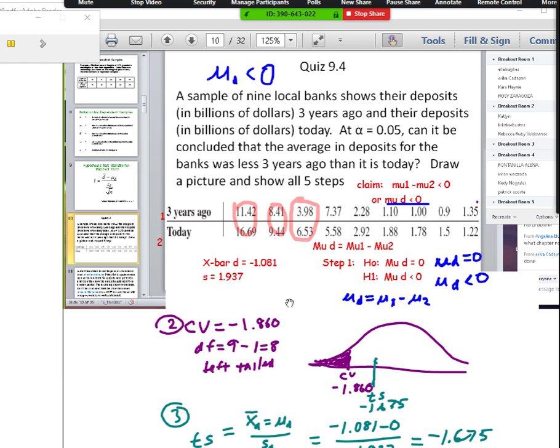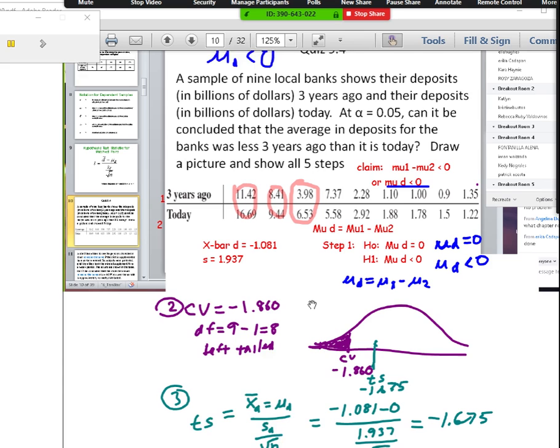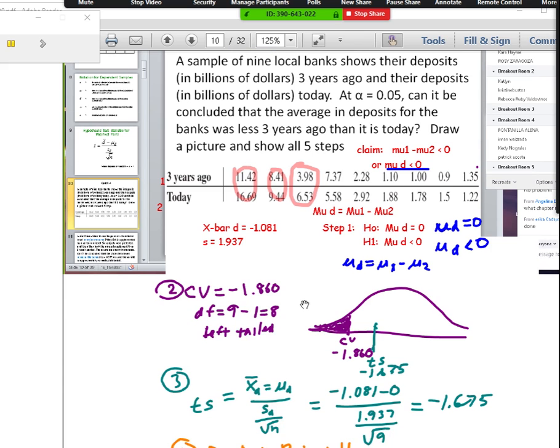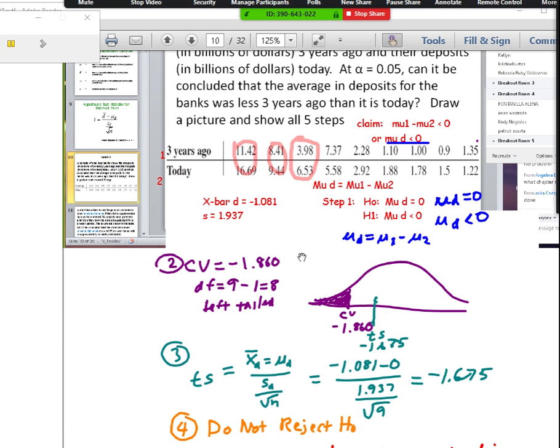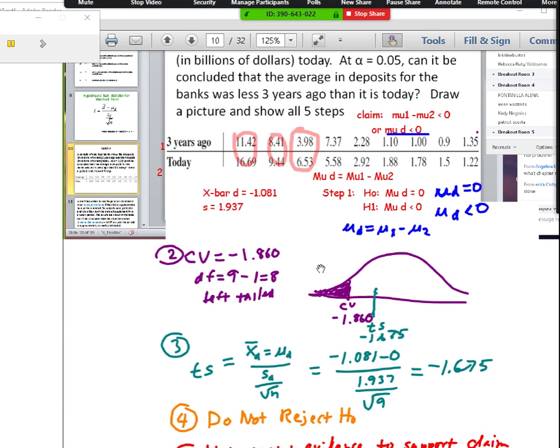Perfect. Would there be a difference? I got the same standard deviation but a different x bar? You really shouldn't, especially if you got the same S. Yeah, never mind. I looked at the wrong number. Okay, sounds good. So that's why we're doing this in class. You guys can practice before the exam.